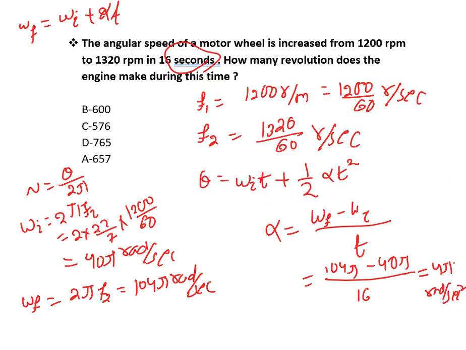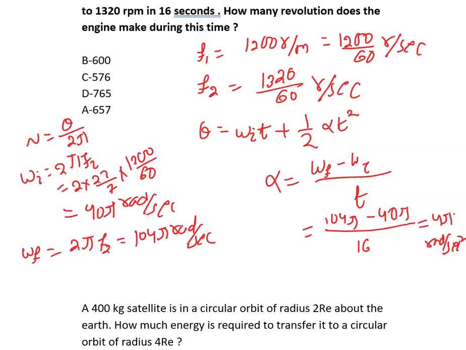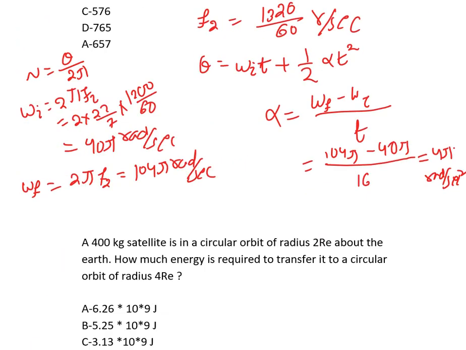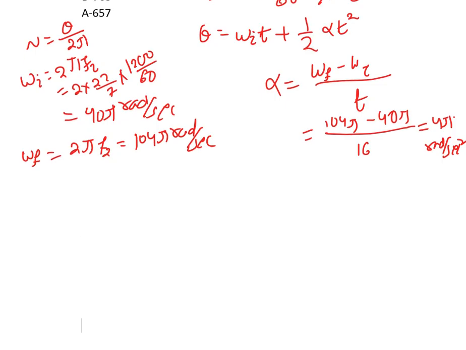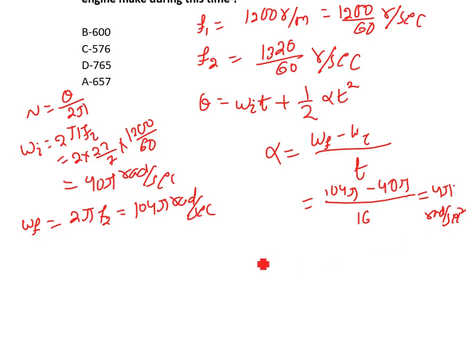Now I'll put these in the theta formula and I'll get the answer. I need some space, so I'm making it here. Our theta formula will become theta is equal to omega, 40 pi, into time, 0.16 seconds, plus 1 by 2.